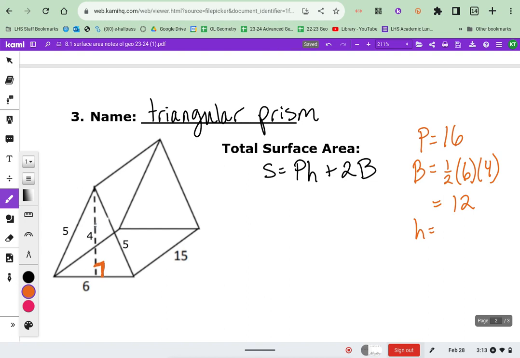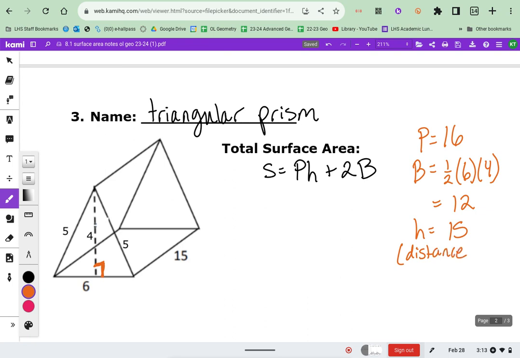And what do you think the height of the whole prism is? 4. Not 4. It's actually 15. So the height of the prism is the distance between the bases. Yeah, so height of a prism is the distance between the bases. So in this case, it's 15. If you want to write that on your note, you can.